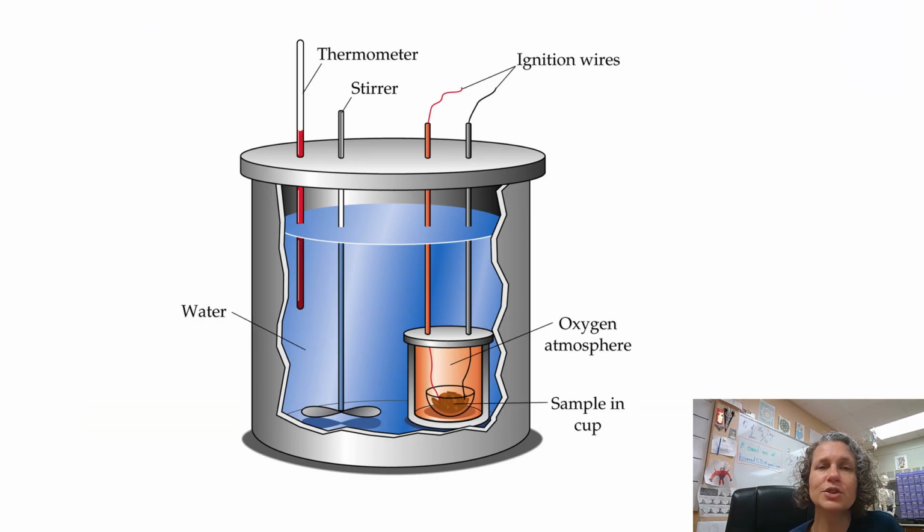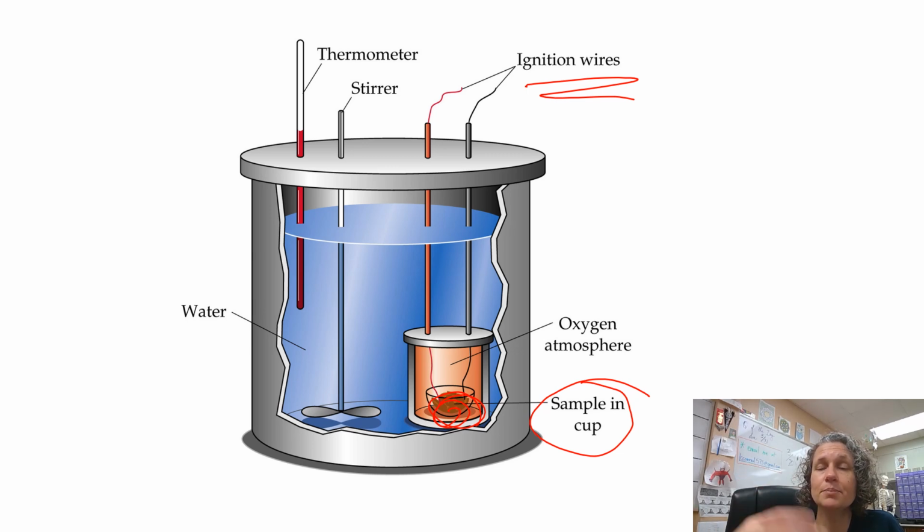Okay, so here's a picture of a calorimeter, and so you obviously see the water in there. You've got a thermometer, so you're monitoring the water because it's kind of what's taking everything. And then this one's a super fancy one, and so you have this little substance down in this. See where you've got this sample in the cup. So this is whatever we're trying to figure out the specific heat of, and then these ignition wires. Again, this is way fancier than what we would use. So we want to set it on fire.